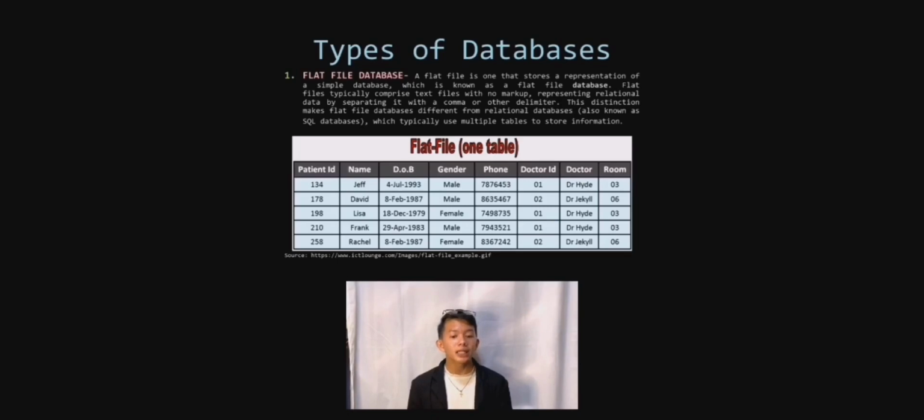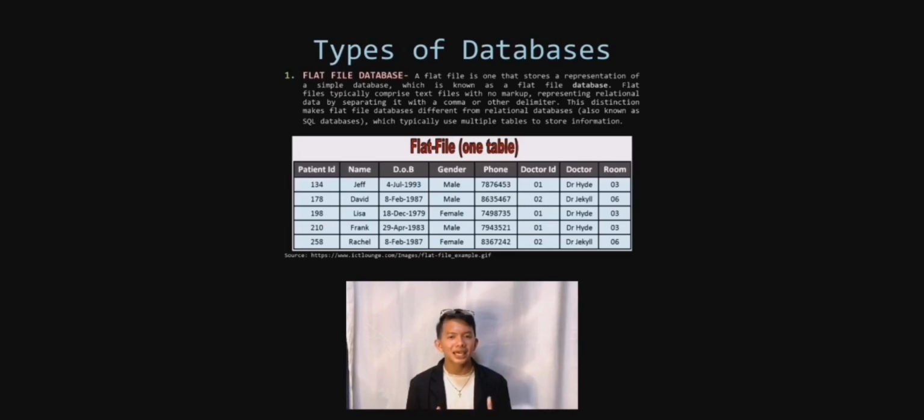Flat files typically comprise text files with no markup, representing relational data by separating it with a comma or other delimiter. This distinction makes flat file databases different from relational databases, also known as SQL databases, which technically use multiple tables to store information. So a flat file database is just one table.